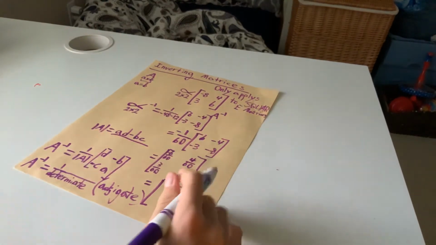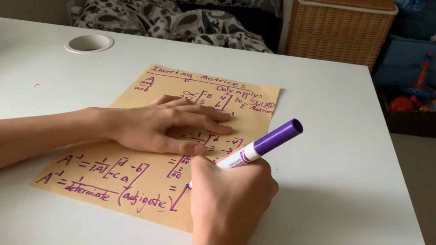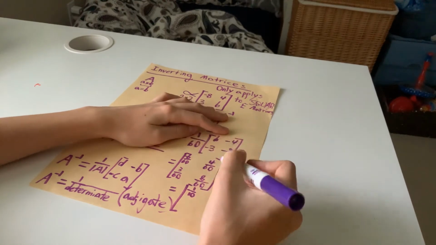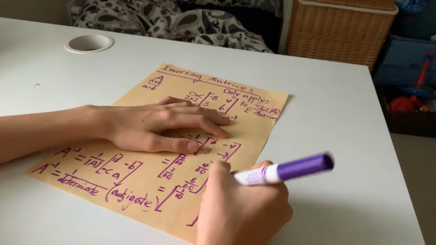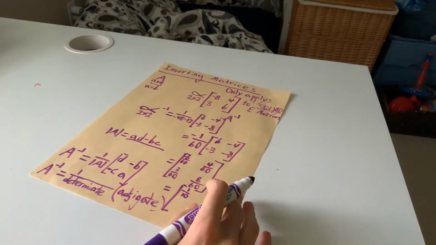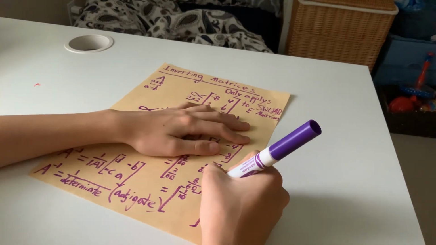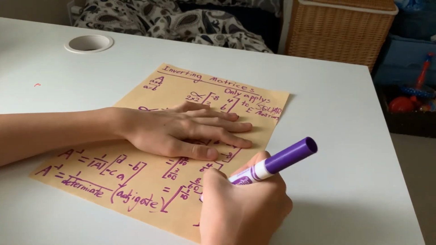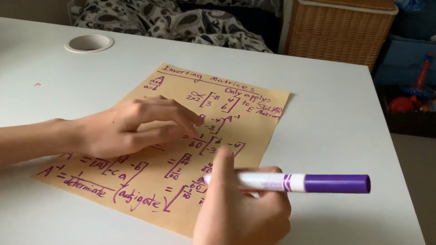Oh, I'm running out of room. 6 over 60 divided by 6, that's equal to negative 1 over 10. Right. Yep, just want to make sure that I got that correct. 4 over 60, that should be 1 over 15, divided by 4, yep, should be right.